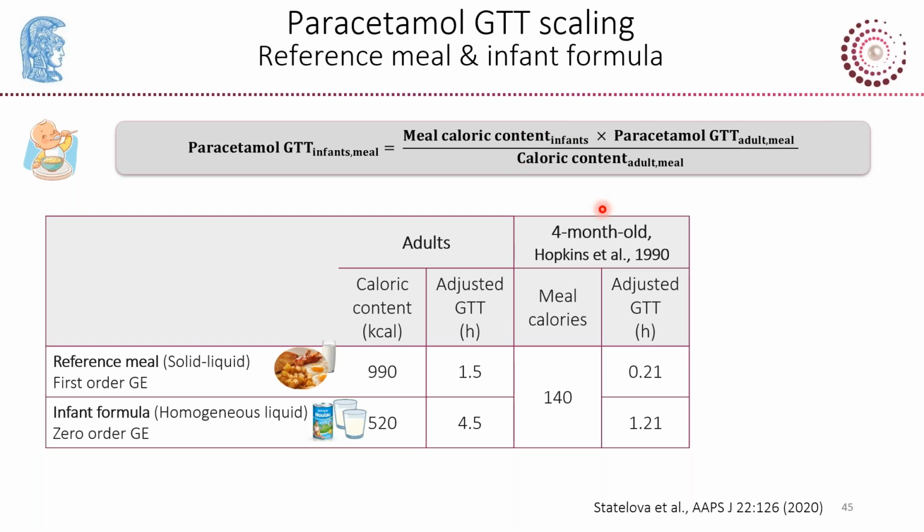What this means for the 4-month-old population representative is that we had meal calories of 140 kilocalories that we scaled based on our adult model and adult data. And this gave us an adjusted gastric transit time for the fed state of 0.21 hours. And for infant formula conditions, this resulted in 1.21 hours.